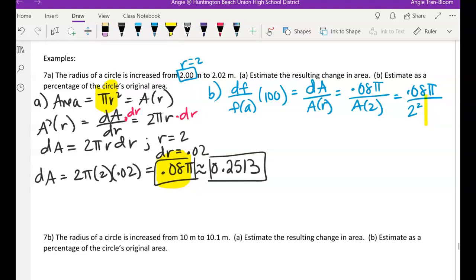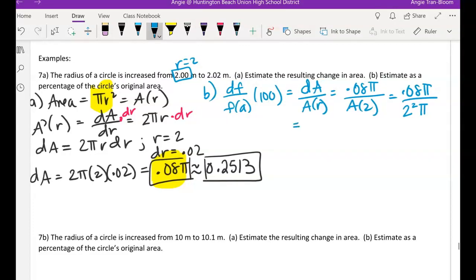Something is glitchy here with my computer. That will help me reduce the pi. So I'm going to have 0.08 over 4, and I do need to multiply by 100 to get a percentage, which comes out to be 2%.